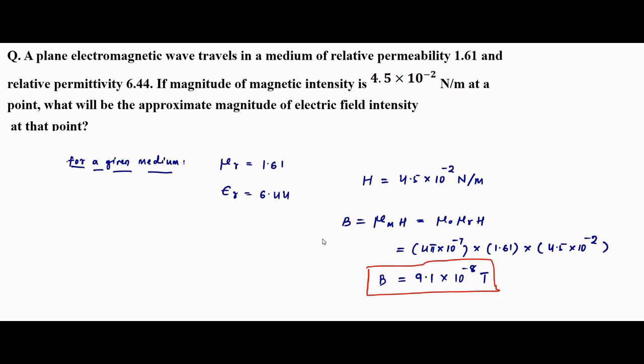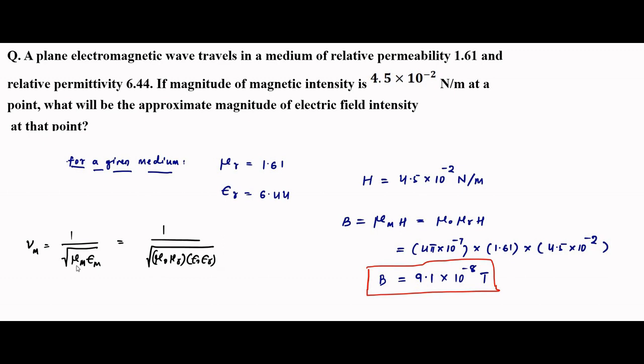Then the velocity of electromagnetic wave. For a given medium, the velocity of electromagnetic wave is given by 1 by root over of permeability of the medium and permittivity of the medium, which is equal to 1 by root over of mu m epsilon m, where mu m is mu 0 mu r, and epsilon m is equal to epsilon 0 epsilon r, the product of absolute and relative permeabilities and permittivities.